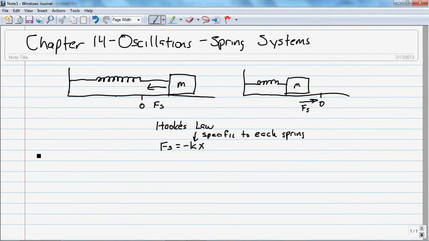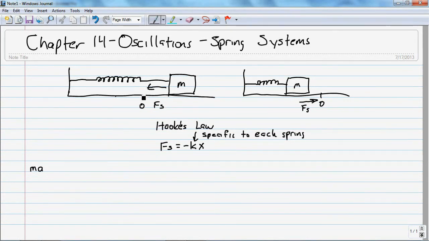Now, let's look at how we can describe the motion in a spring system. What causes the oscillations? So let's take a look at this mass. This mass is going to have a force, and we know mass times acceleration is a force, but think about this.